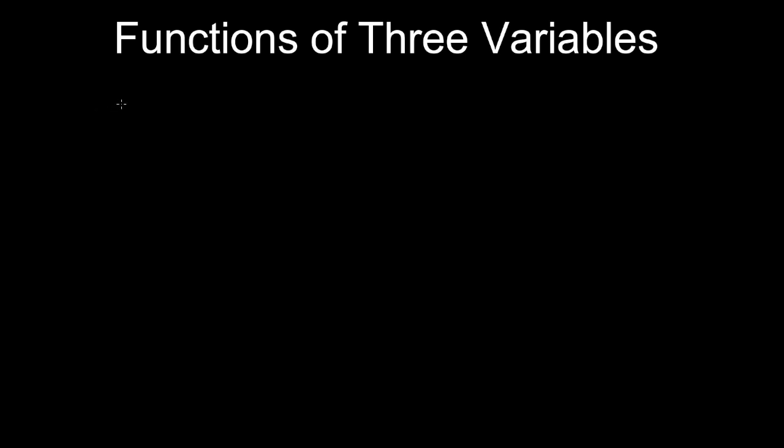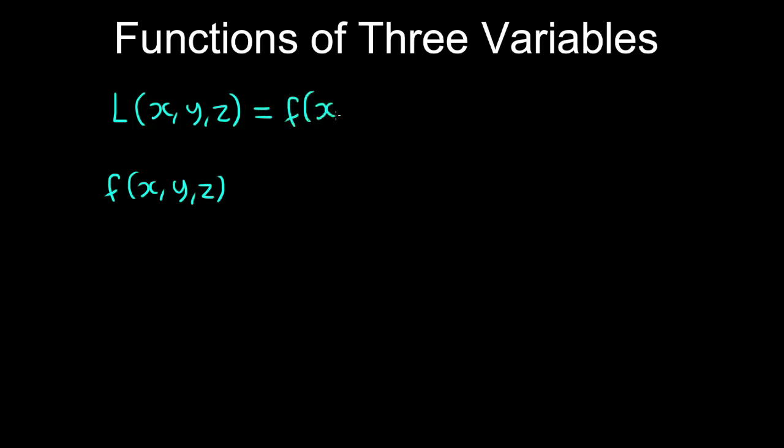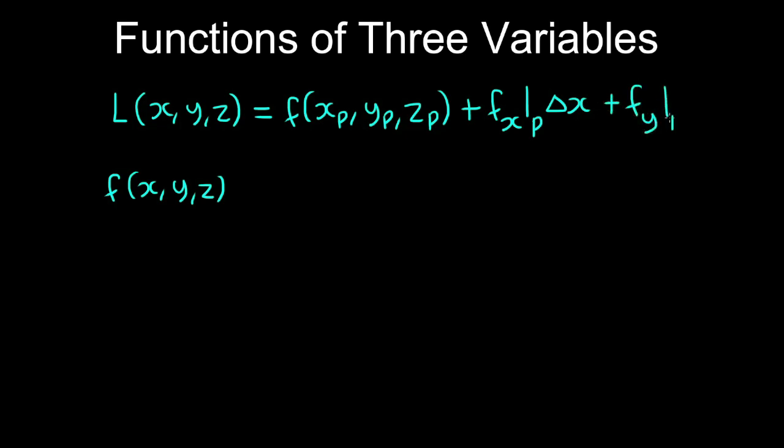So the linearization of the function of three variables, denoted L of x, y, and z, at a point P is the function evaluated at point P plus the partial derivative with respect to x evaluated at P by delta x plus the partial with respect to y evaluated at P by delta y plus the partial with respect to z evaluated at P by delta z.